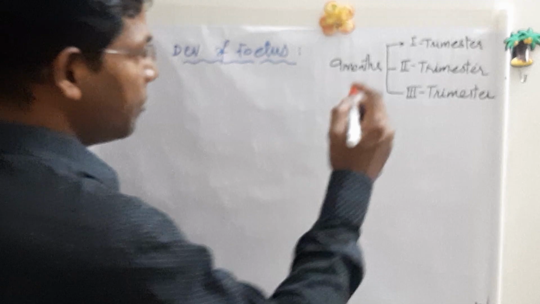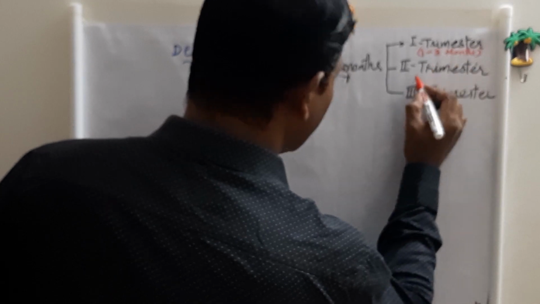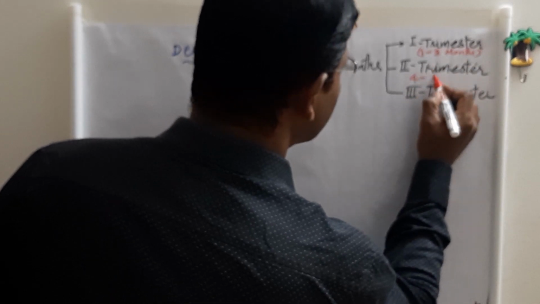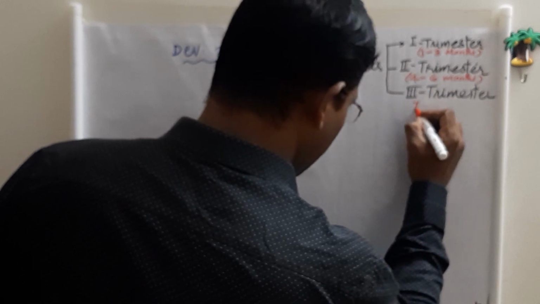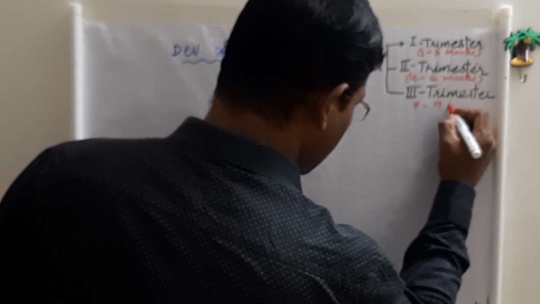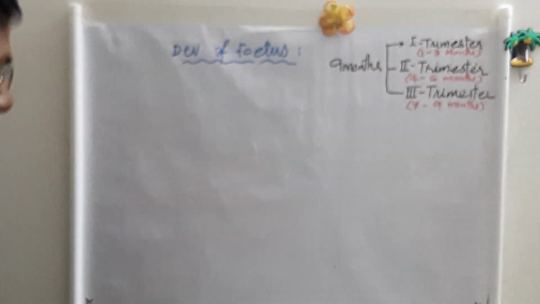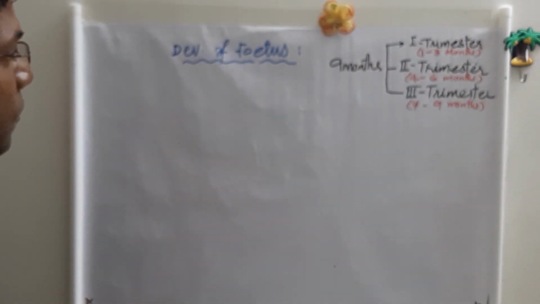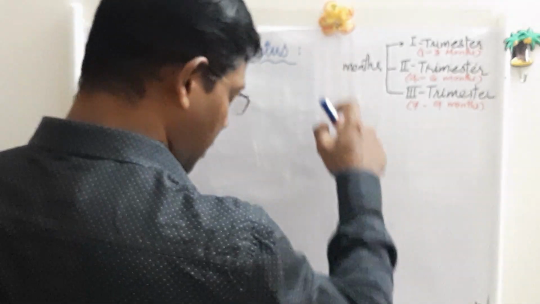So the first trimester lasts from first to 3 months. Second trimester is 4 to 6 months, and third trimester is 7 to 9 months. Total 9 months are there.